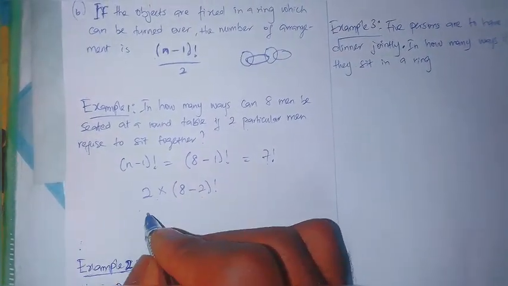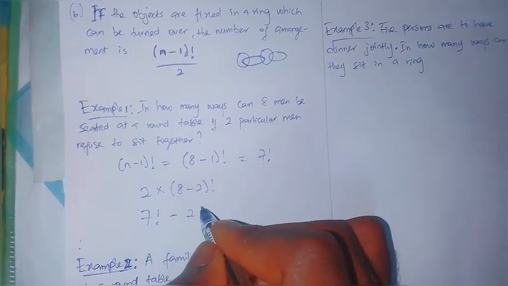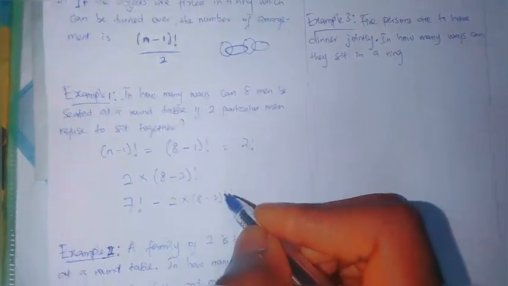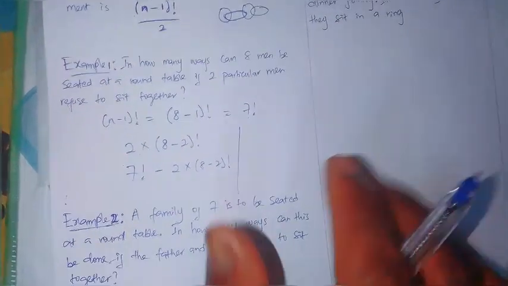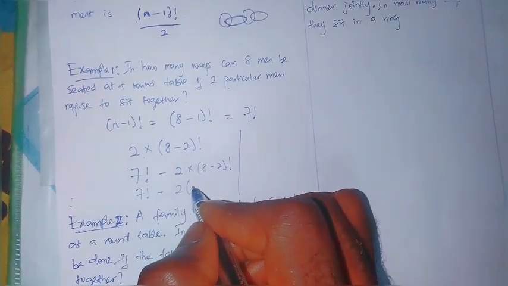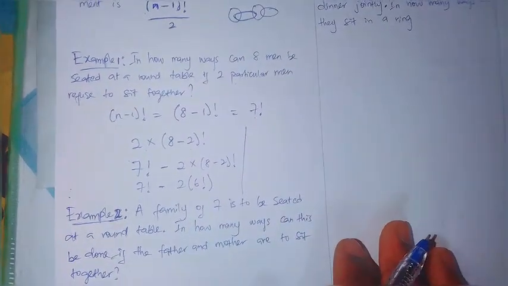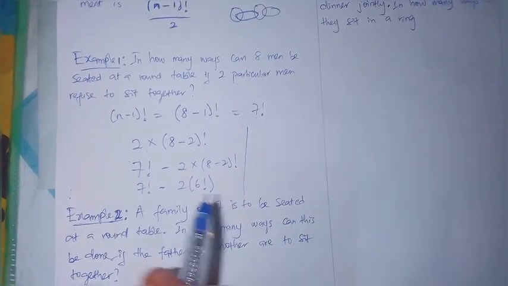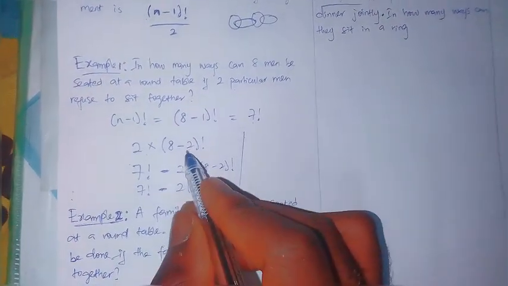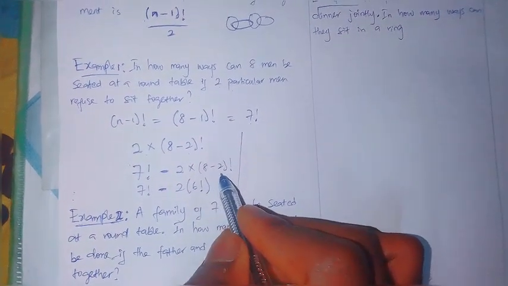So I'm going to have something like 7! minus 2 times (8-2)!. Now, this becomes 7! minus 2 times 6!. That minus relatively represents the refusal. If they decide to sit together, this will be my expression, 2 times (8-2)!.